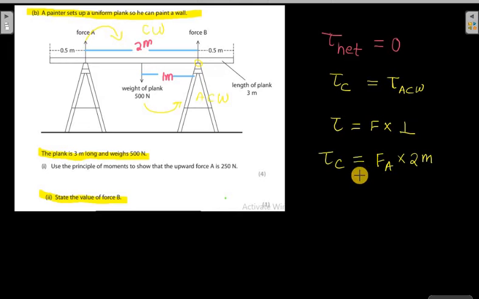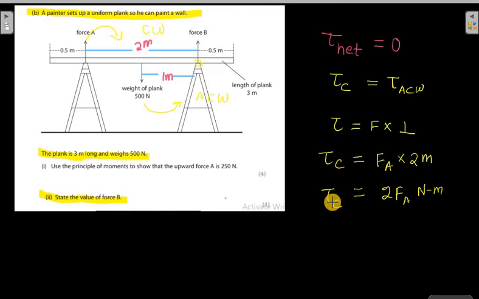Or we can write that will be equal to twice of Fa Newton meter. This is basically torque clockwise.